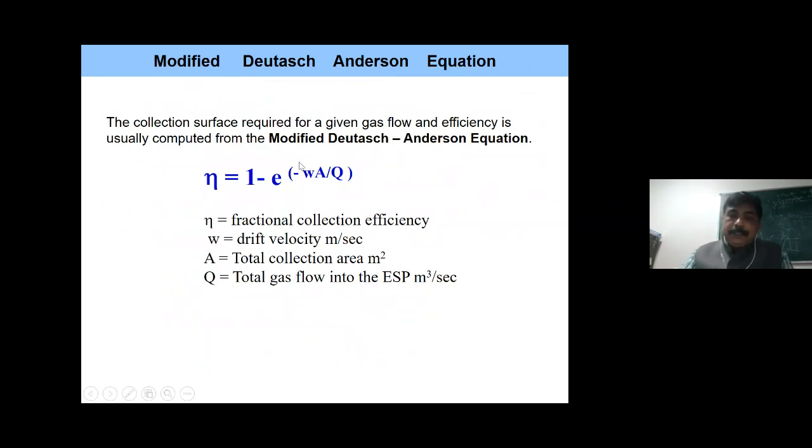In some examinations you will get this kind of question. Let me help you: some questions look very big but the answer is in just 2 lines. You write down this equation, with eta 99% in one case and 99.9% in another. What is the collection plate area?